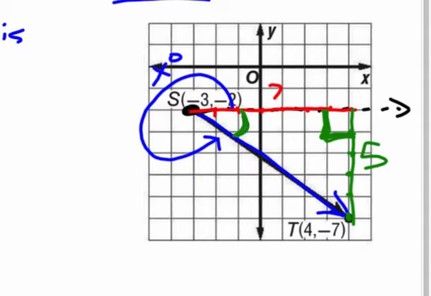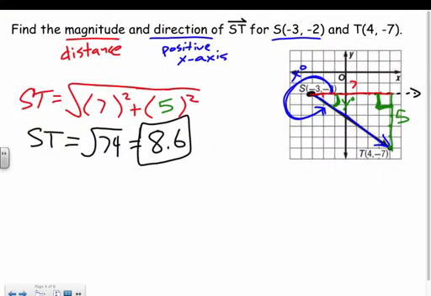So if I found this angle measure, let's just call that y, I'll just say that's y degrees. If I found that angle measure, I could tell what my big angle is right here. And we'll find out what we do with that. So let's go ahead and find what that angle measure of that triangle is. Well, let's take a look. I know 5 and 7. What are those? 5 is the opposite of angle y, and 7 is the adjacent to angle y.